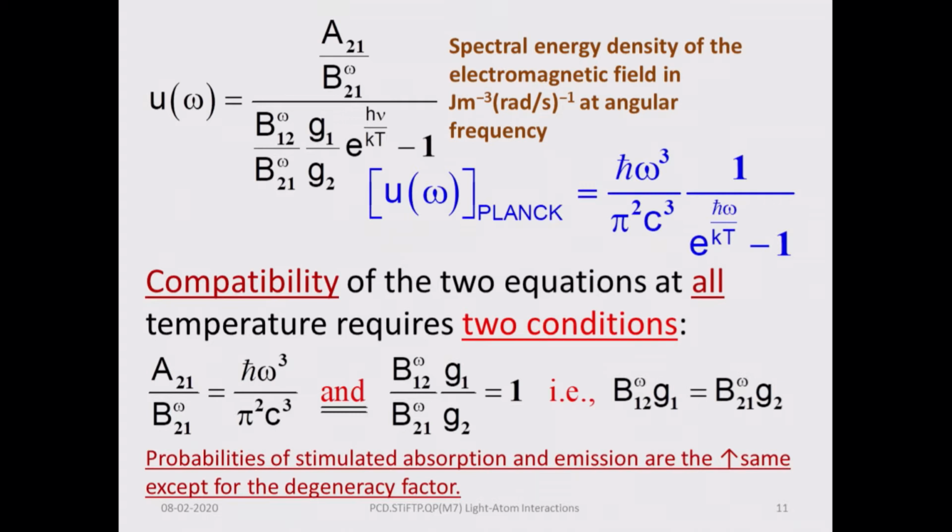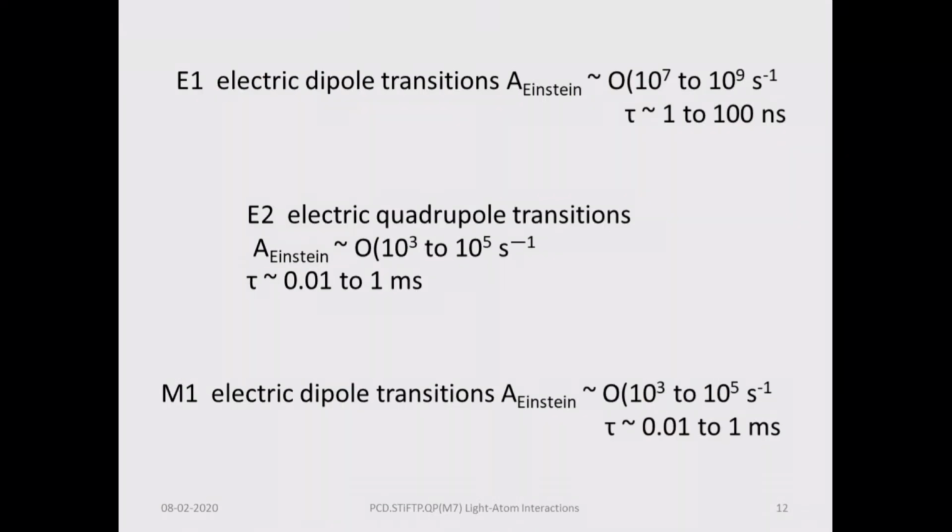So, you have this relationship, and you have the corresponding lifetimes for different kinds of processes, and if you consider transitions which we call the electric dipole transitions or the quadrupole transitions, you have different lifetimes. These are typical lifetimes.